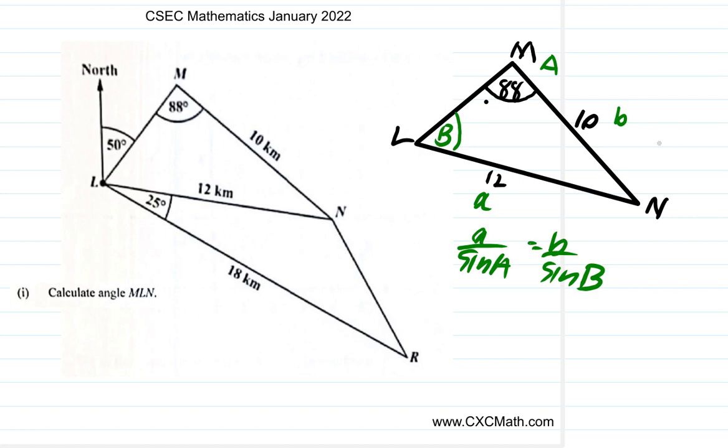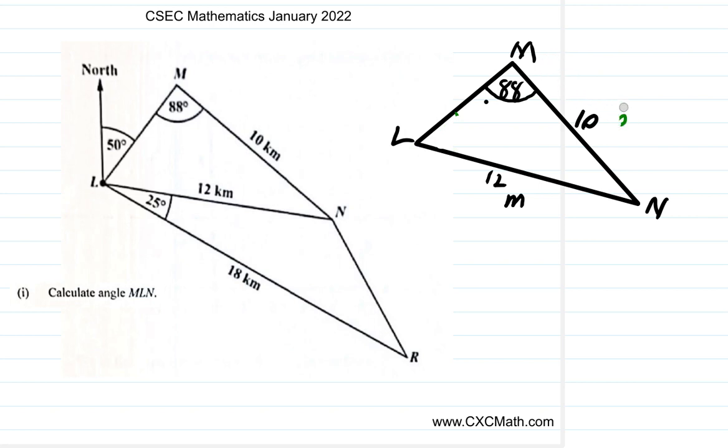You can do this and work with the a and the b, or you could use these letters. Since this is angle uppercase M, you could consider this side as lowercase m. So let's work with that. We're going to use the letters that are already there, right?